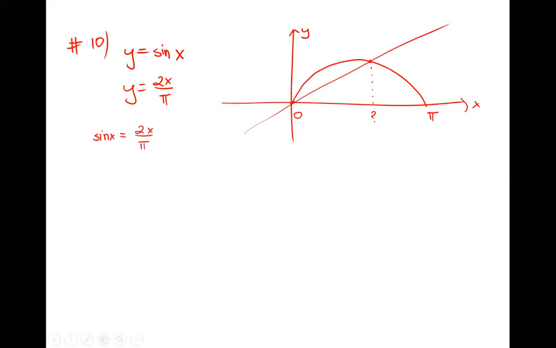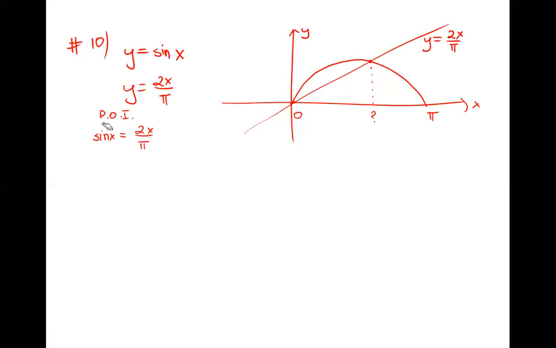And this one is not easy to solve algebraically because we have an analytic function, a trigonometric function, and an algebraic function. But we can try to guess the answer, because this is 2x over pi.